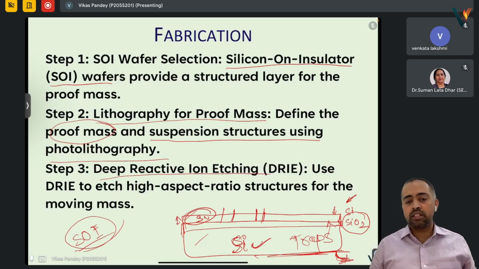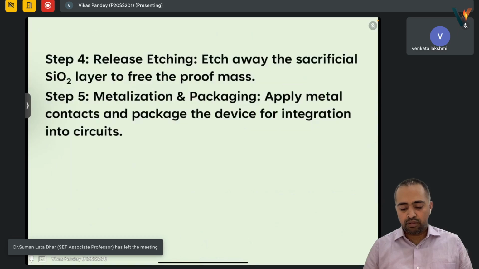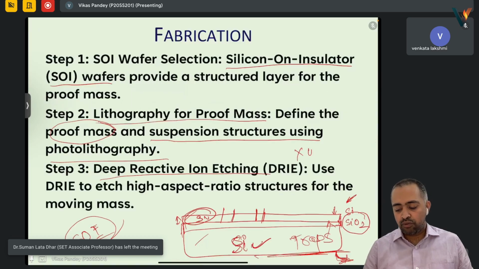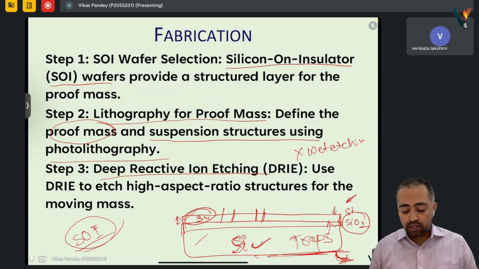But in this case, since we need very steep structures, we cannot go for wet etching. No wet etching. Why? Because remember that the structures that we will be able to make using wet etching are slanted.